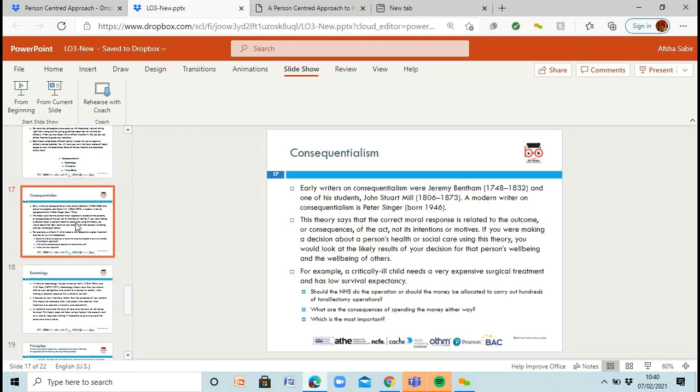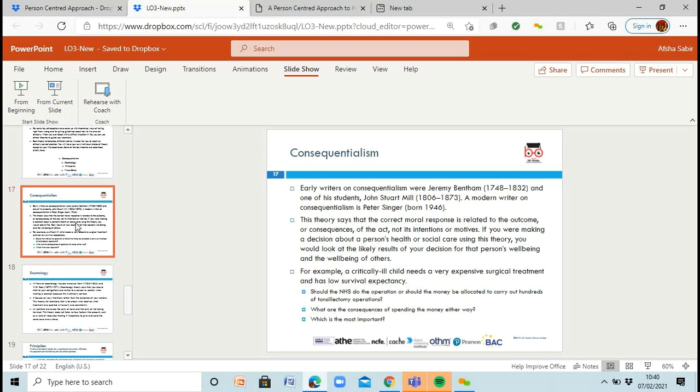Now, consequentialism, this was created by Jeremy Bentham, and one of his students adapted it a little later on. So it has been adapted many times. So Jeremy Bentham looked at this between 1748 and 1832. And then we had one of his students, John Stuart Mill, who worked on it a little bit more.